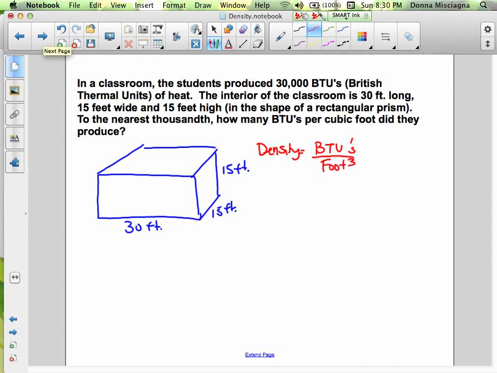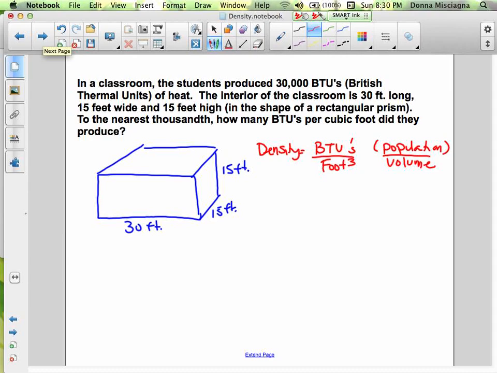The BTUs here are our population, if you will, not the students. They are the ones making the BTUs. And the feet cubed is the volume. So technically we're looking at population density, it's just that our population is BTUs.